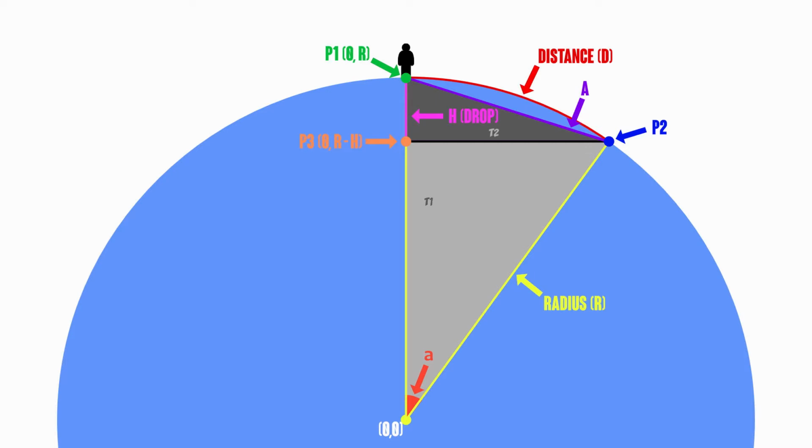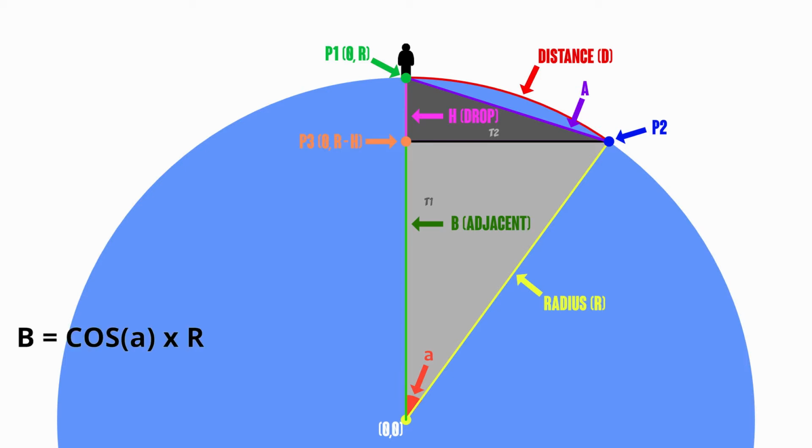For our image, we need to calculate the value of drop, or h, and that length is radius r minus the length of b in triangle T1. Given the angle A in right-angled triangle T1, that b leg is called the adjacent leg. The hypotenuse is the radius. For a right-angled triangle, the adjacent leg is the cosine of the angle times the hypotenuse.